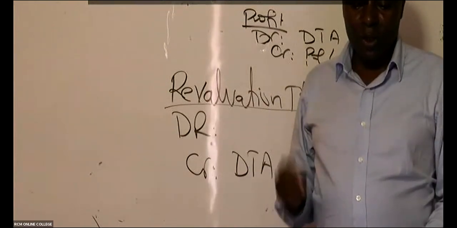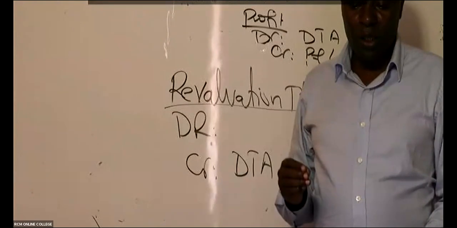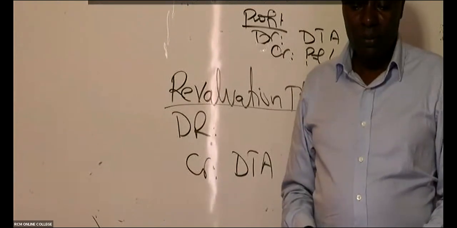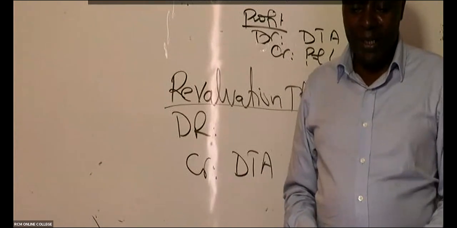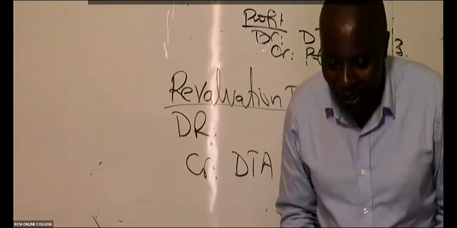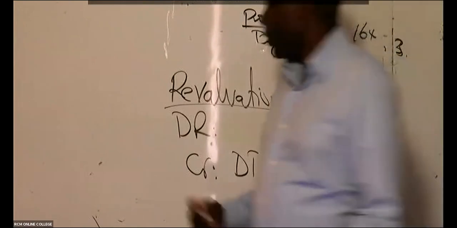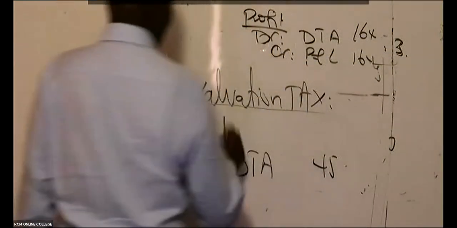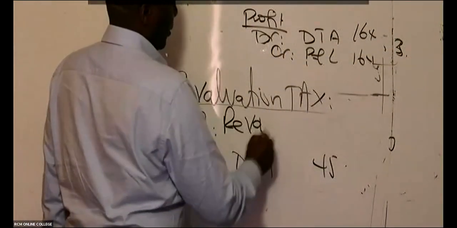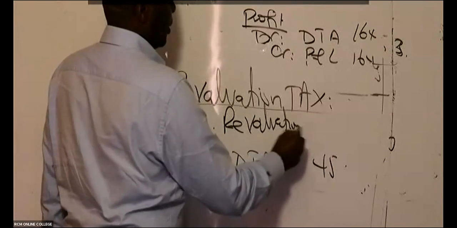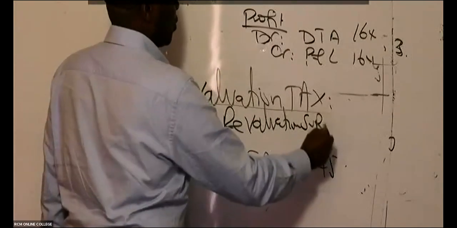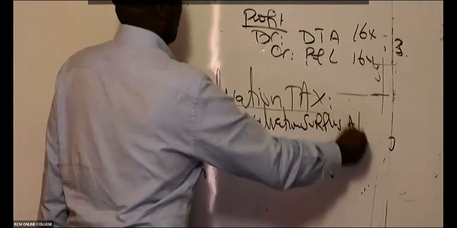That would be like you're increasing your PPE with taxation. Debit, revaluation, I can see you guys are running away from me. So we debit revaluations account. Revaluation surplus account.